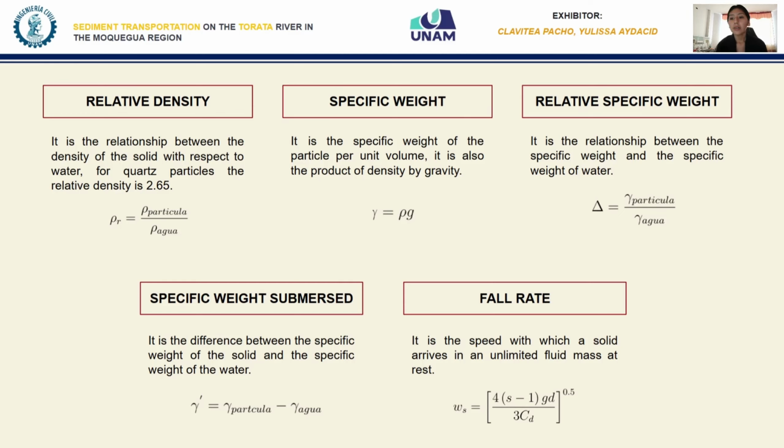Submerged specific weight. It is the difference between the specific weight of the solids and the specific weight of the water. Fall rate. It is the speed with which a solid falls in an unlimited mass of still water.